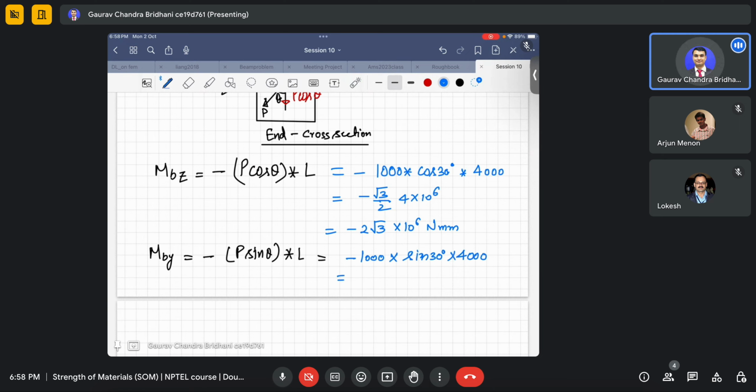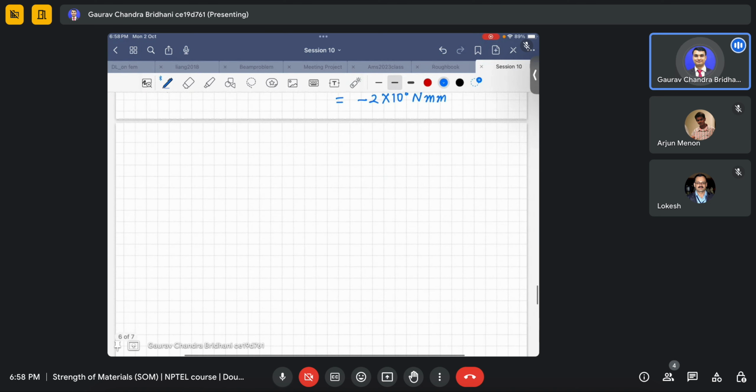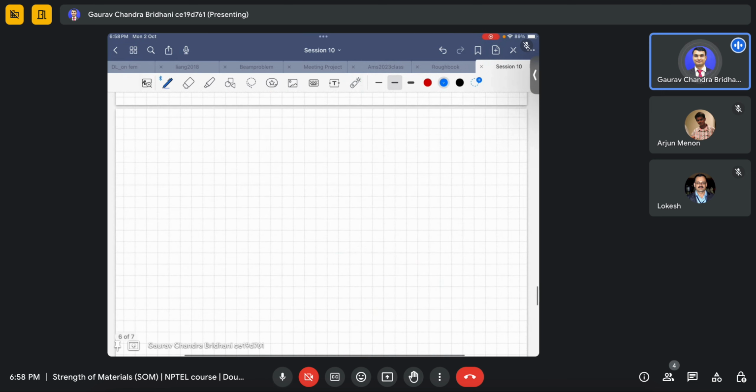Sin 30 is half, so it will be minus 2 into 10 to the power 6 Newton mm. So we found MBZ and MBY. Now we just need to apply the formula.